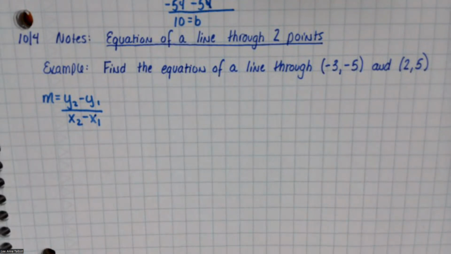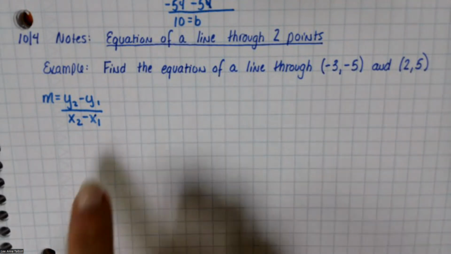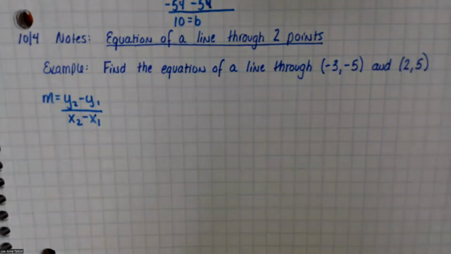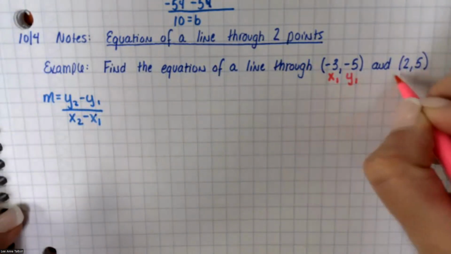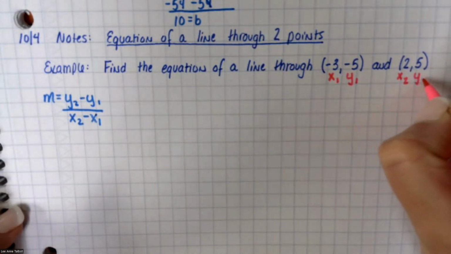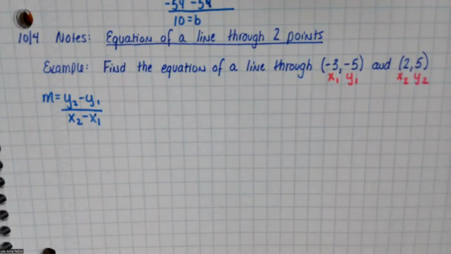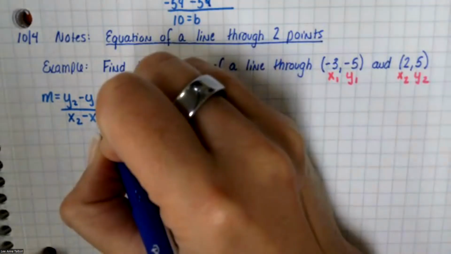Okay, so first thing we're going to do is find the slope. Using the slope formula that Mike just gave us, I'm going to label my points x1, y1, x2, y2. A lot of you guys are really good at this. You don't need to label those. It's okay.